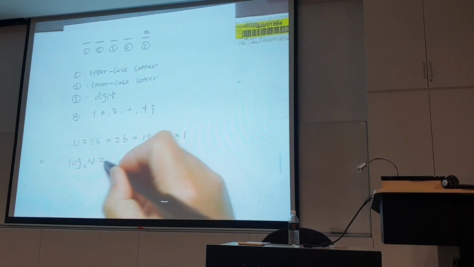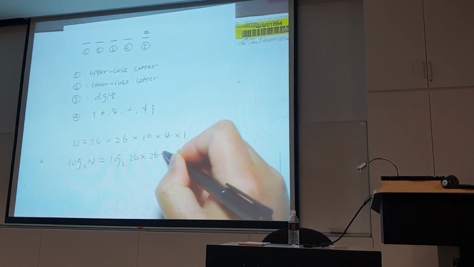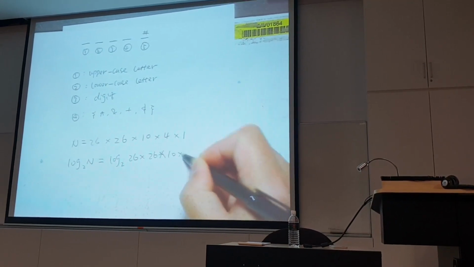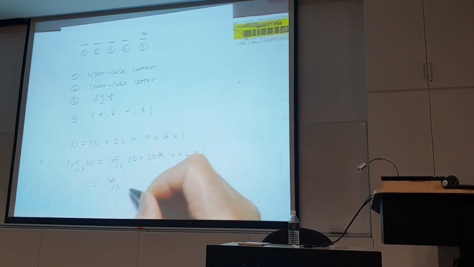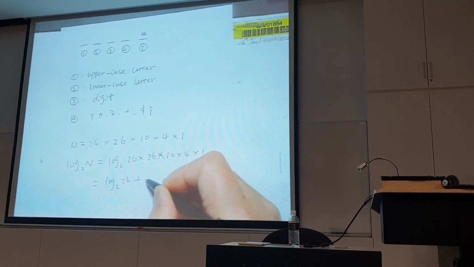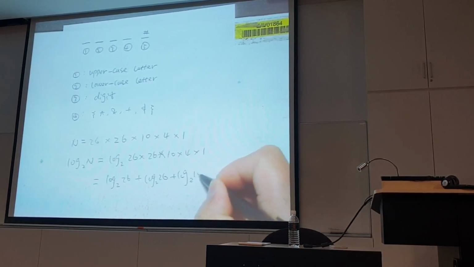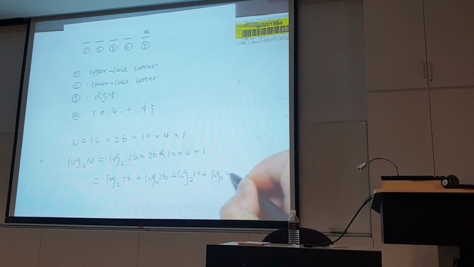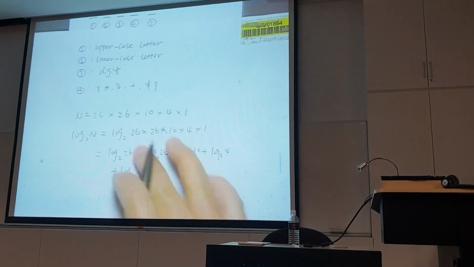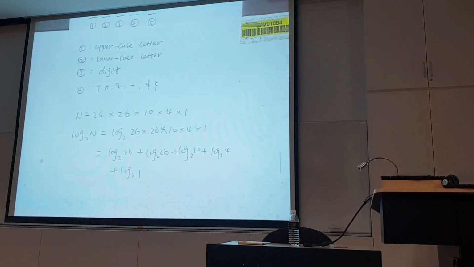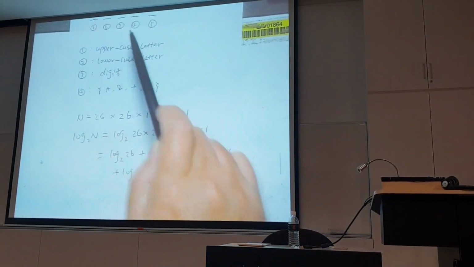So log N is equal to log base 2 of 26 times 26 times 10 times 4 times 1. This is equivalent to log base 2 of 26, plus log base 2 of 26, plus log base 2 of 10, plus log base 2 of 4, and then plus log base 2 of 1. Because with a logarithm, multiplication becomes addition. Basically, the entropy of the whole password is the sum of the entropy of each individual character.